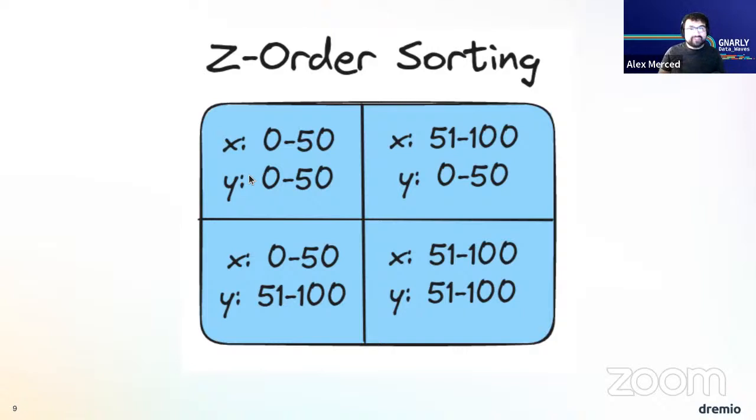This is very beneficial if my queries often filter by both X and Y. Because if I say, hey, I'm looking for records that have X of 25 and a Y of 25, well, that means the only data files I have to care about are the ones generated from this bucket. I can skip all the data files based on the other data. So I've gotten rid of that surface space by like 75%. Theoretically, if it's all perfectly distributed.